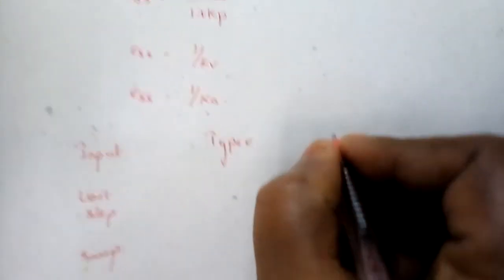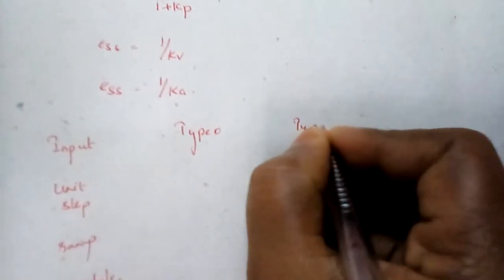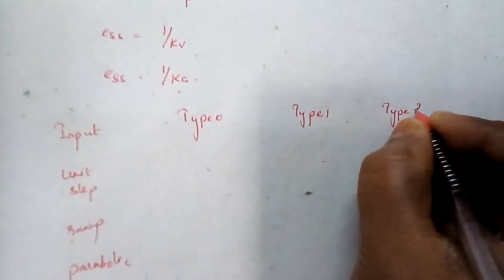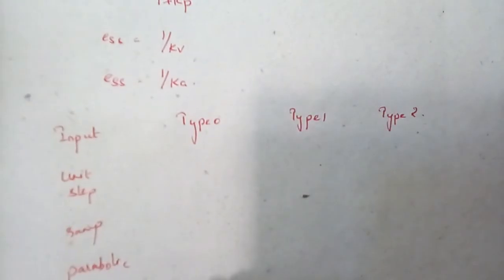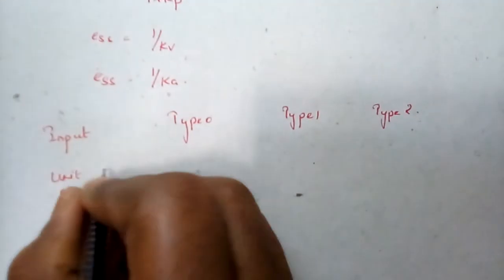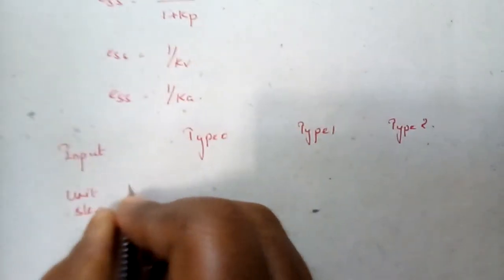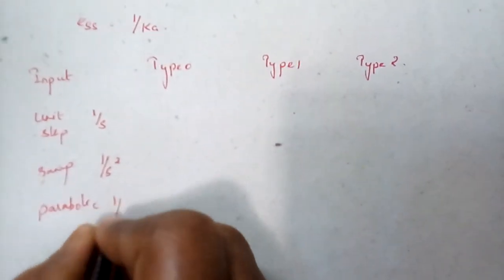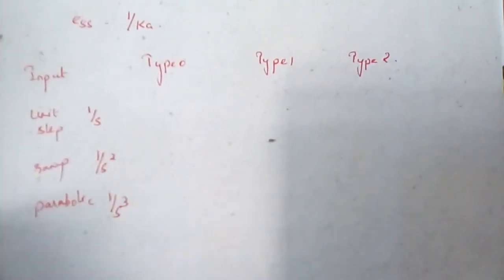If it is type 1, what type of error is there? If it is a type 2 system, what type of error is there? Unit step input is given by 1 by S, ramp input is given by 1 by S square, and parabolic input is given by 1 by S cube.